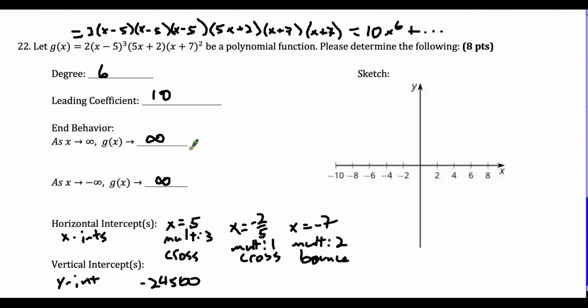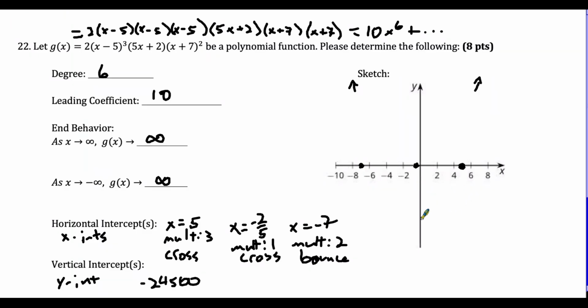So let's put all of this information together on my graph. I know that my end behaviors are both going to be going up. I know that I have x-intercepts at positive 5, at negative 2/5, so that would be negative 0.4, that would be somewhere right in there, and then at negative 7, so right here.